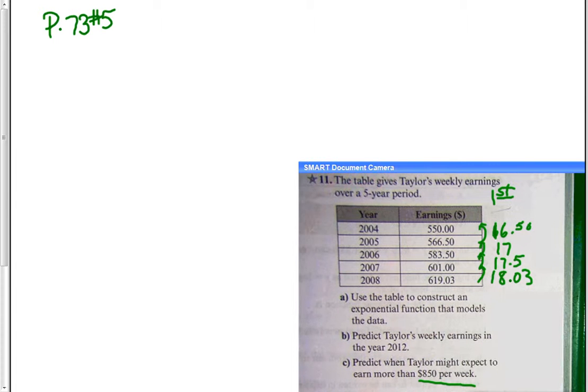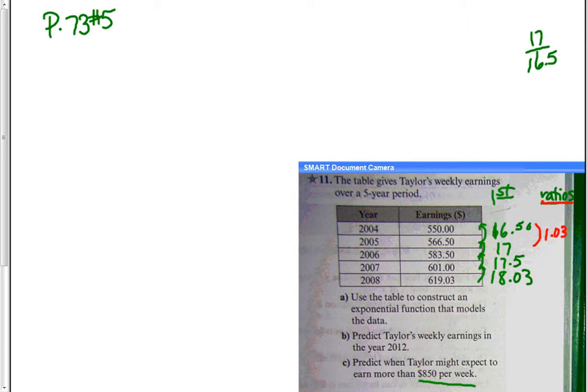So I can see this raise in this earnings does not go up as a linear function. I'm going to look at the ratios of the first differences. So I am doing 17 divided by 16.5. 17 divided by 16.5 is 1.03. So my ratio between those two is 1.03.